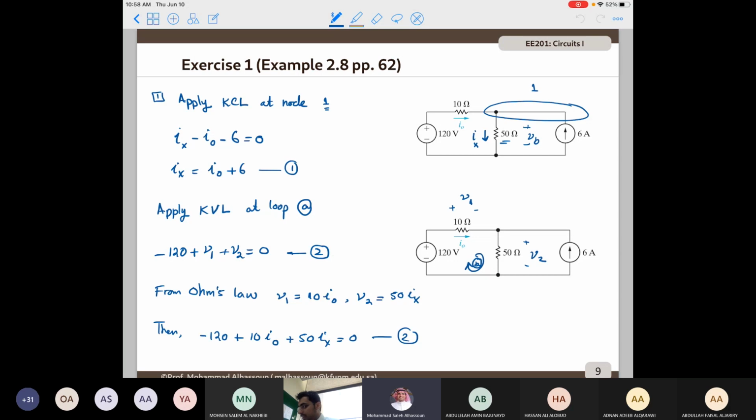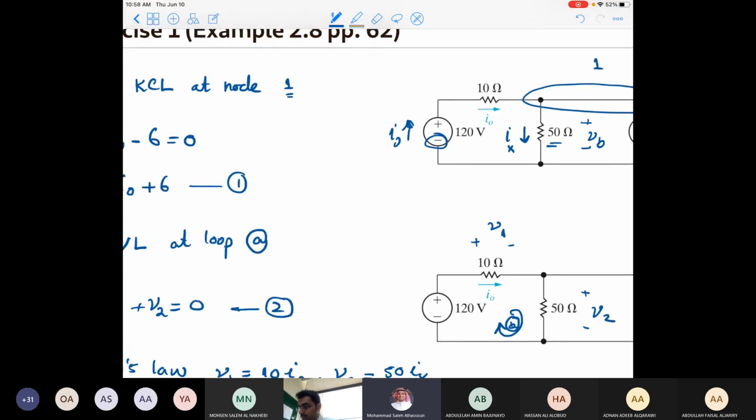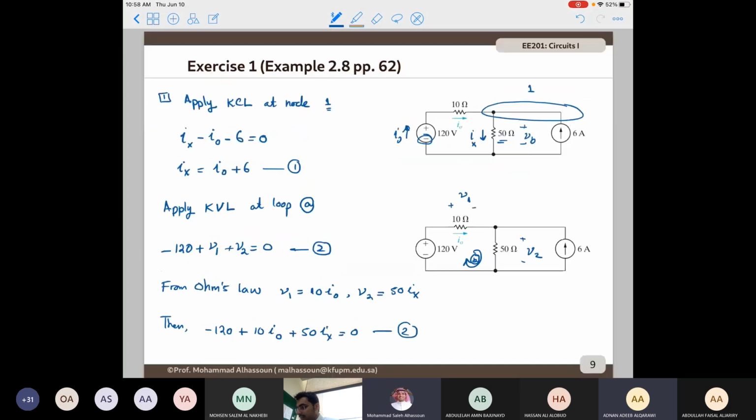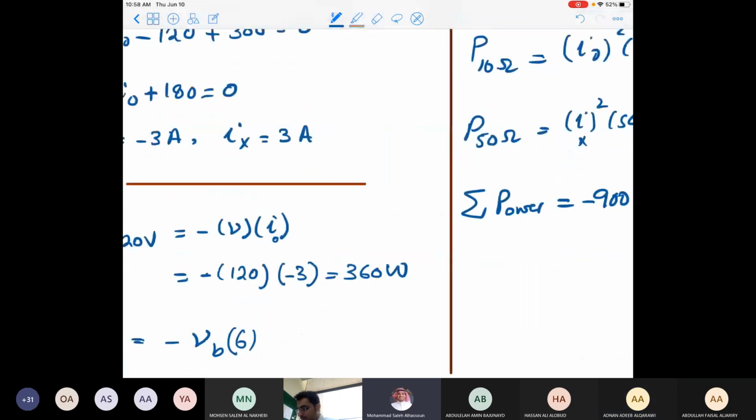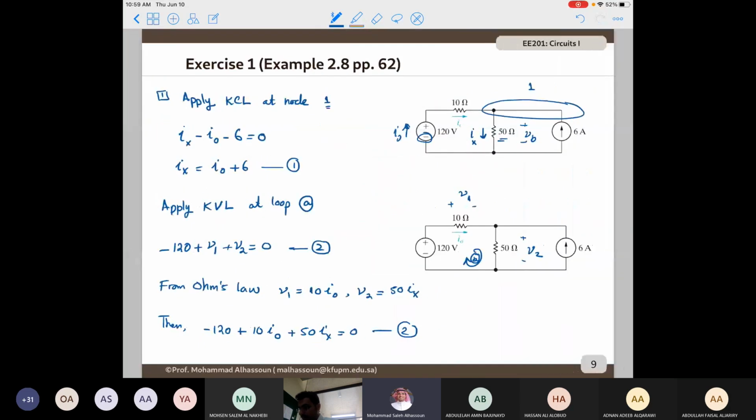And the current here is I naught, and I naught is entering from the low potential here. Okay. In this case, you need to substitute positive here. Okay. Good. Very good.